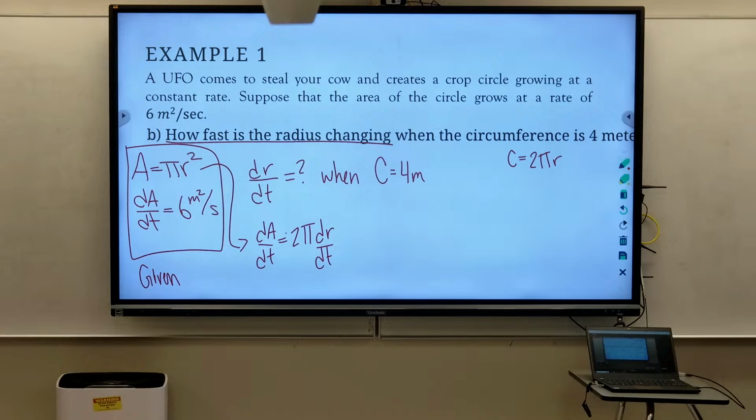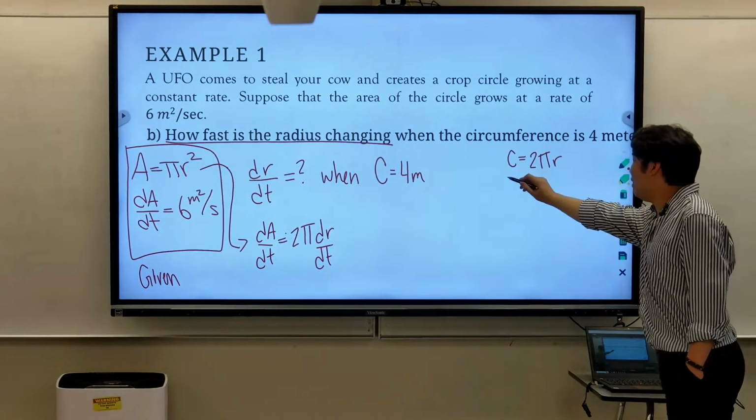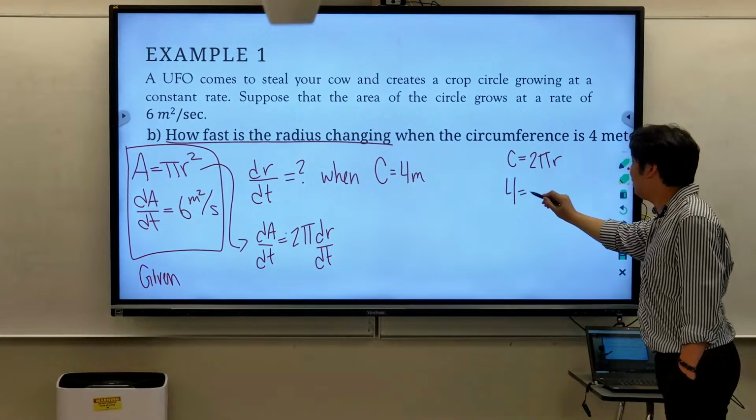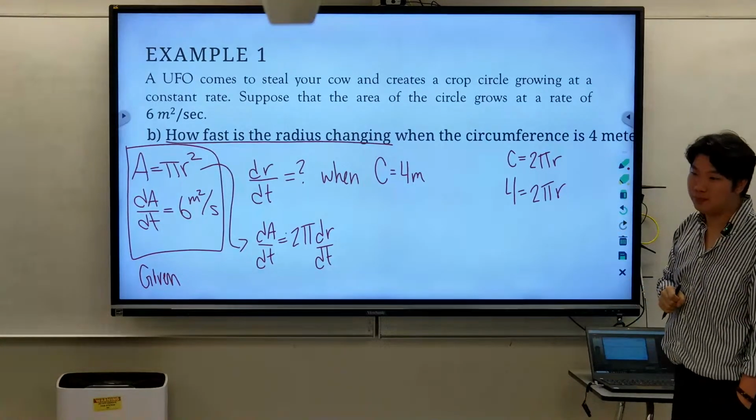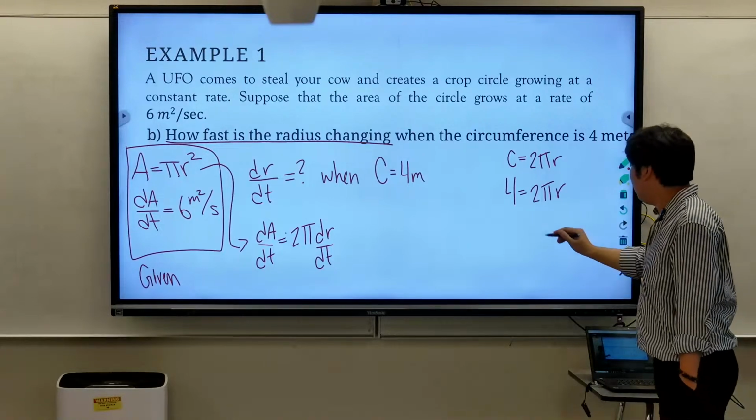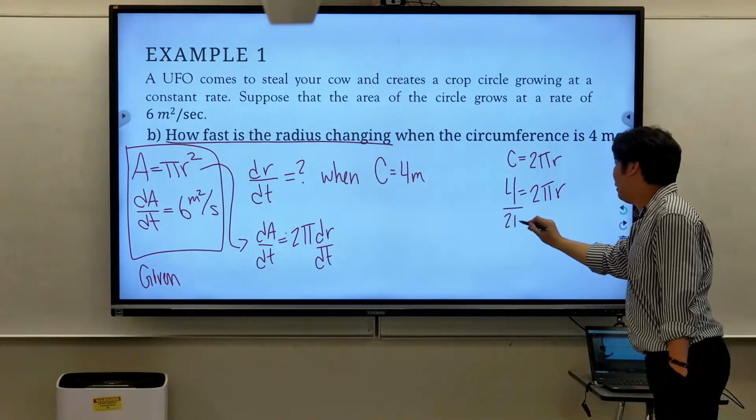So if I have this equation, if I know the circumference, I should know the radius, right? Because right here, if my circumference is 4, I can figure out what a radius is. So here I can solve for radius very quickly.